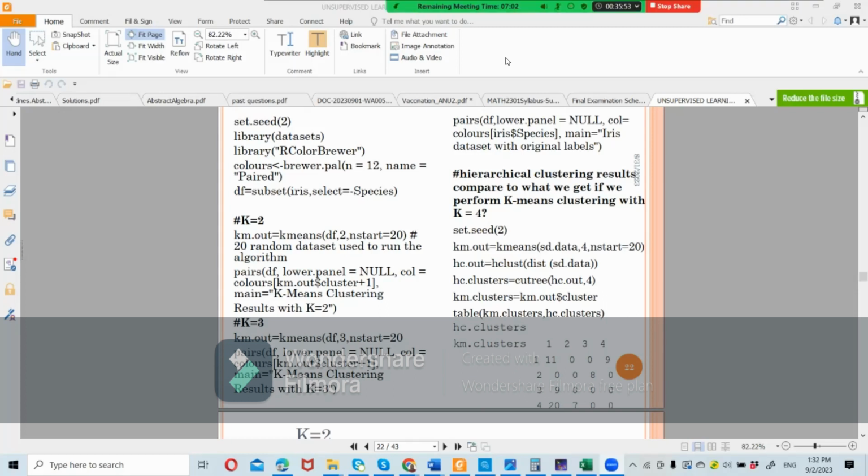Then at a point, we try hierarchical clustering to see how it looks. We can see what the hierarchical clustering gives us, and the output is already there. So next slide, please.